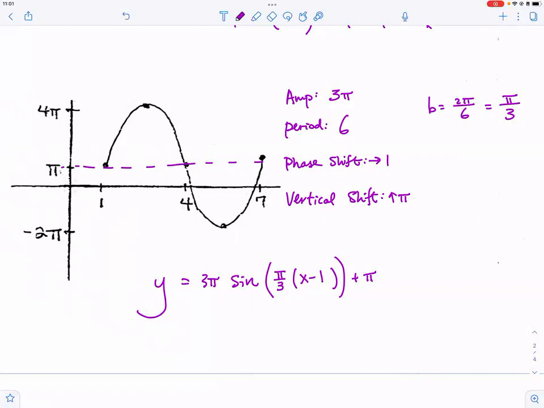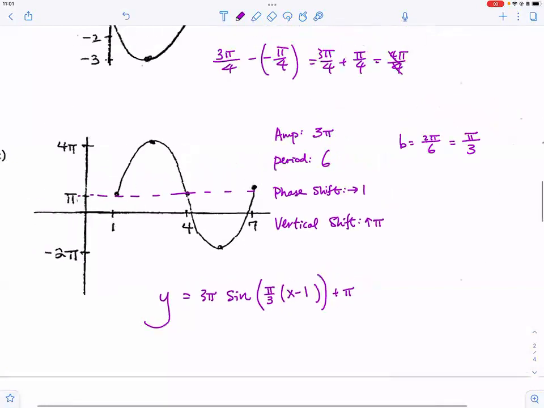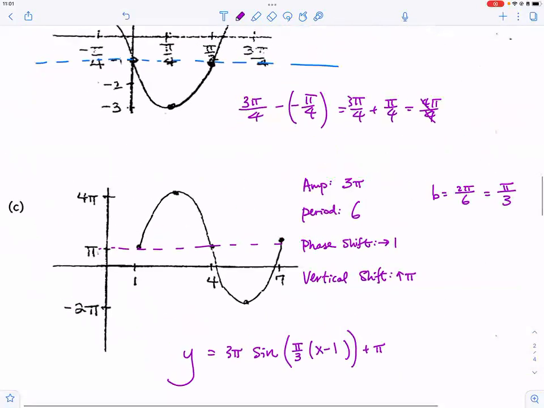It could be a clean number like 1, 2, 3, and 4. And it could also be a number with a pi in it. It doesn't really matter as long as it is a number. So do not let the appearance of pi freak you out. Please don't. Pi is just a number that we use.